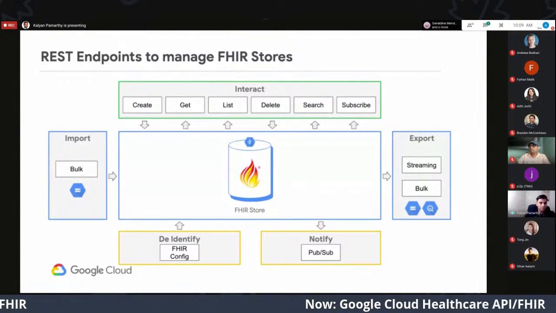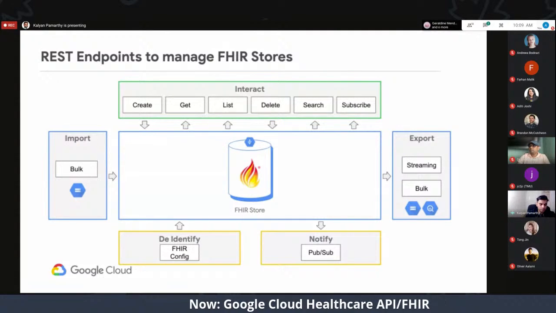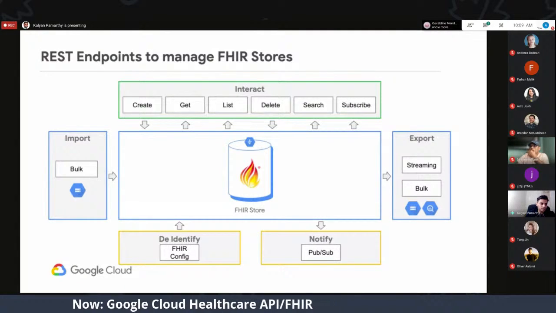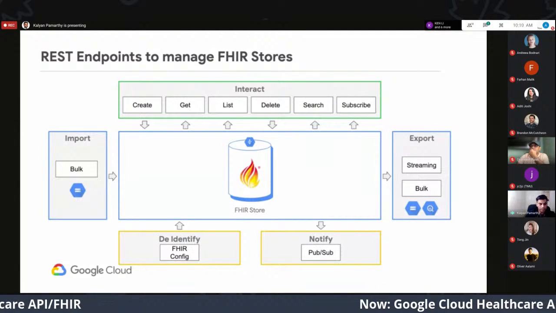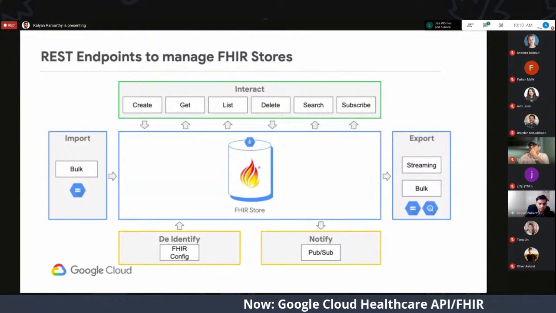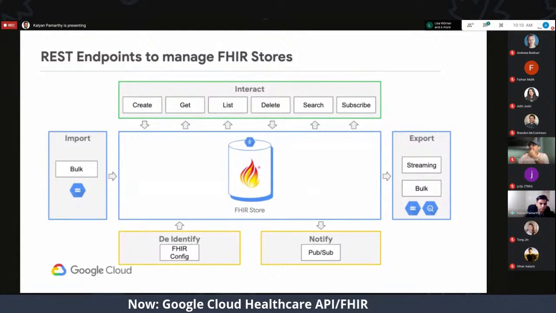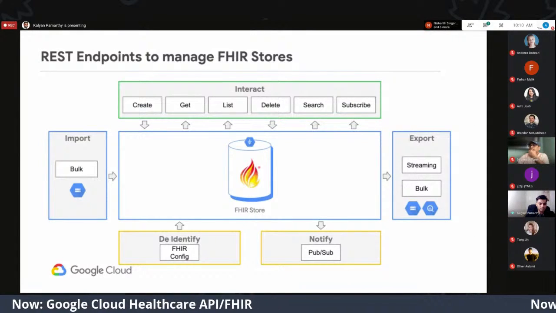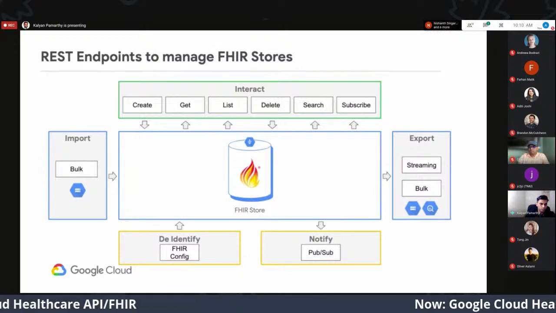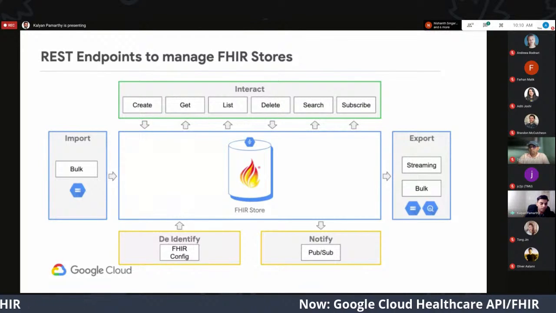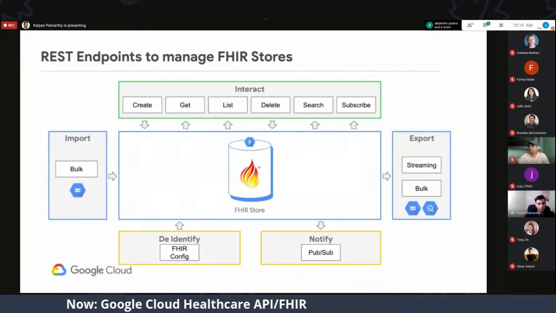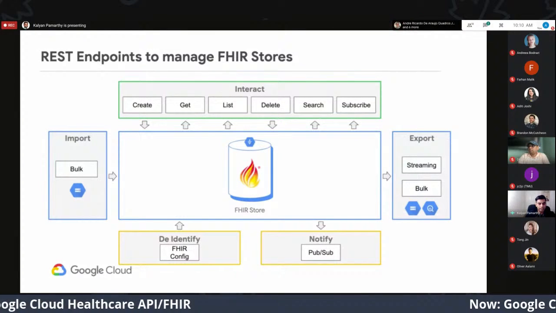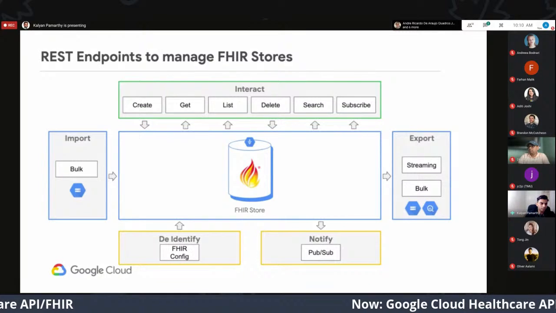Now, another common use case is you may want to run some analytics on your FHIR data. You can absolutely do that with the APIs, but think of the FHIR store as a transactional application-based store. If you want to do large-scale analytics, run machine learning models, typically you would export that data into BigQuery and let the BigQuery engine do a lot of that heavy lifting.